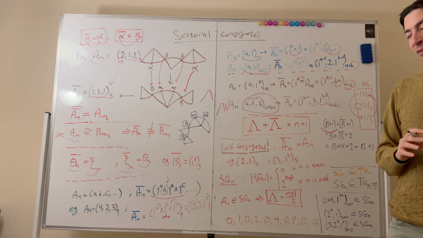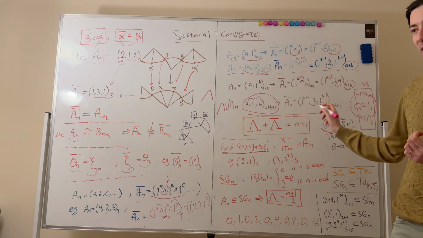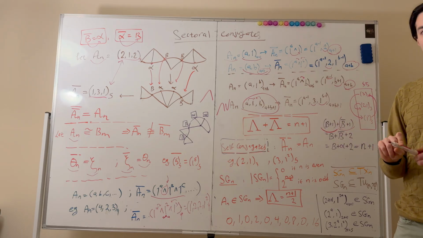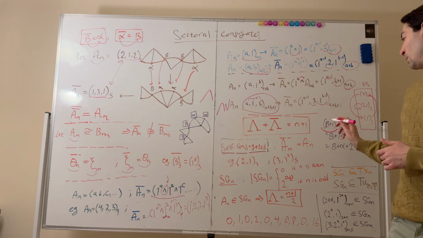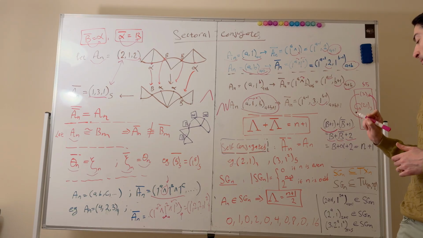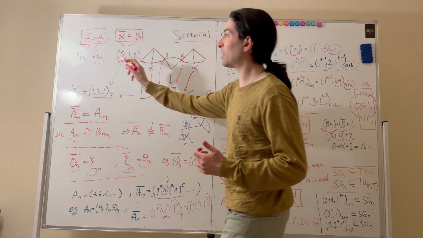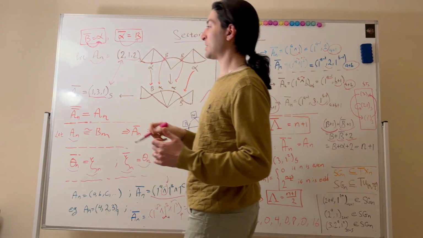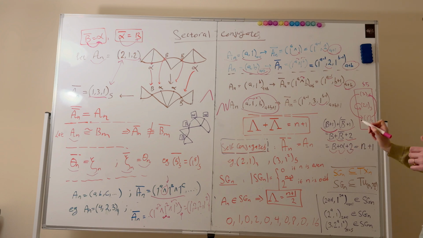Its conjugate, we will call the number of beta joints there beta bar plus 1. Now let's add those together. We get beta plus beta bar plus 2. Of course, what is beta bar? Beta bar is the conjugate of beta, which is alpha. So this gives us beta plus alpha plus 2.